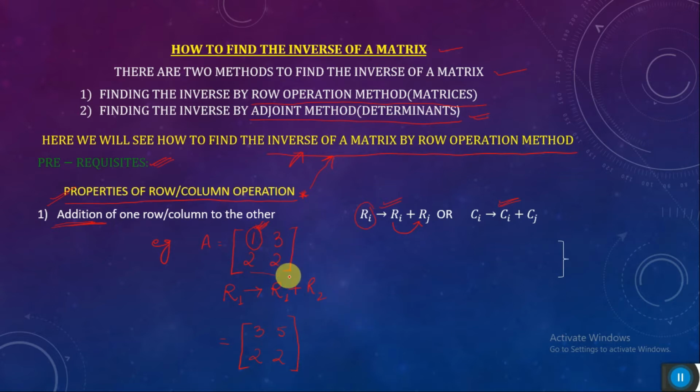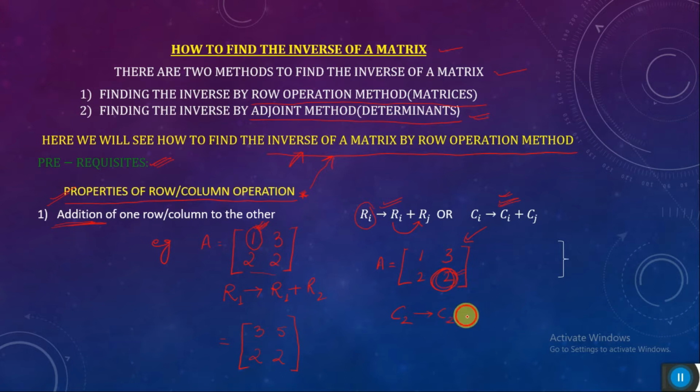Suppose you have another one here, 1 3 2 2. This is the same matrix. I want to bring up 4 here using column operation. So what will I do? C2 I will put under operation because C2 has the element we are concerned with.